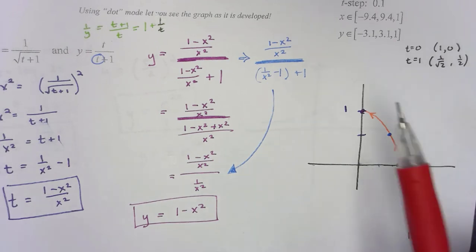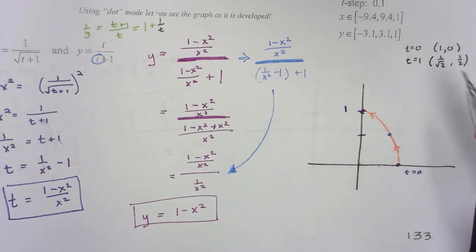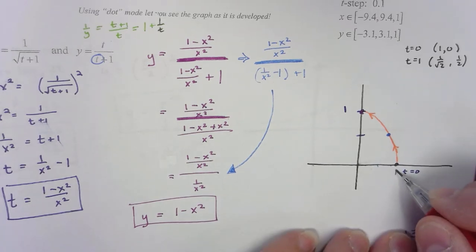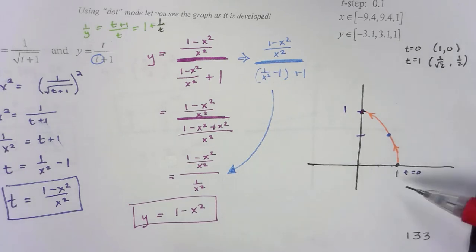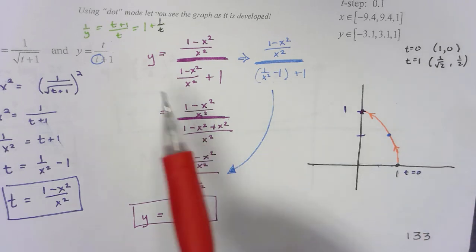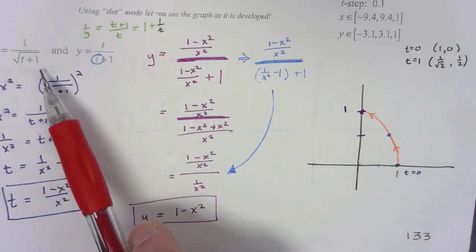Again, we're not given what values for t, so if I just let t equal 0, when I substitute t equals 0 into x, I get 1 over the square root of 1. So this is 1. And for y, when t is 0, I get 0. So there's my first point. When t is 1, I get, for x, 1 over square root of 2.